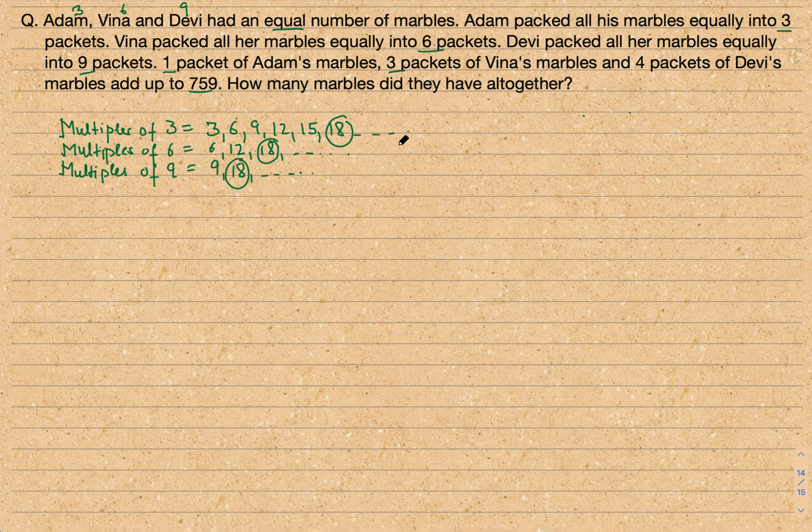So we can assume that each of them had 18 units of marbles, right? What is the number of marbles they had at first? 18 units of marbles, because 18 is the least common multiple.